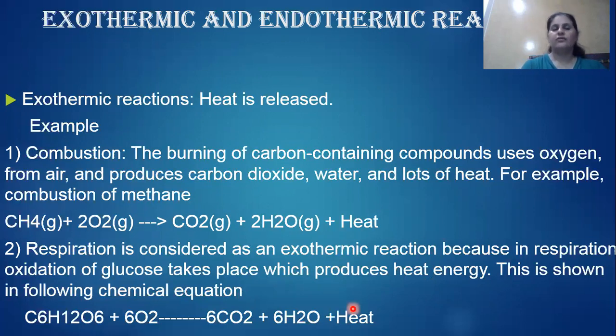So in your equations, balancing is very important. Then if physical states are mentioned, some specific conditions for a particular reaction are mentioned, or the involvement of heat, either absorbed or released, is shown in a chemical equation, then your chemical equation will become more informative in nature.